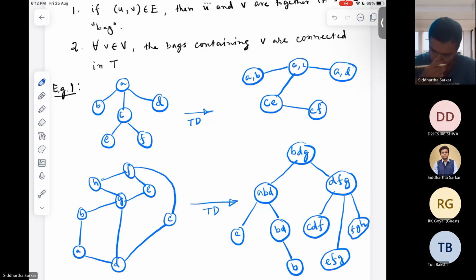Okay, so here let us verify whether this is a valid tree decomposition or not.